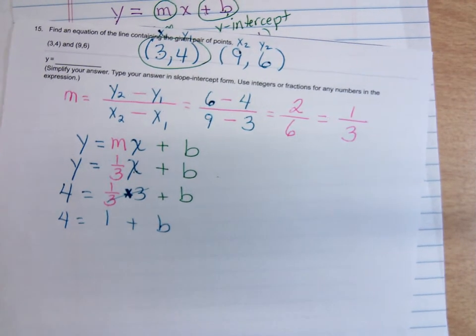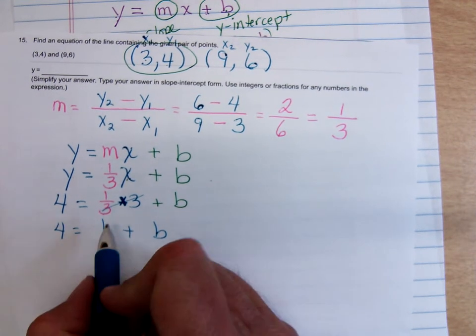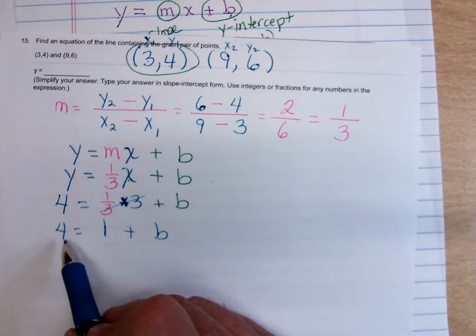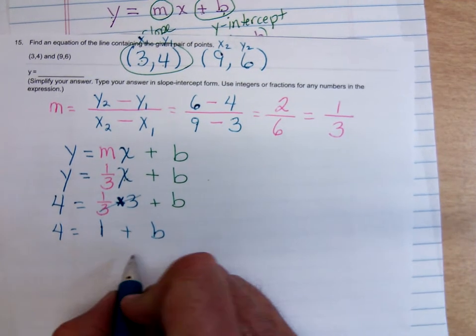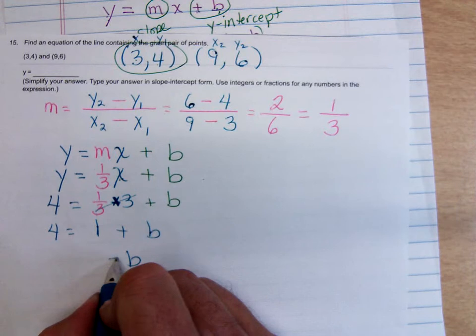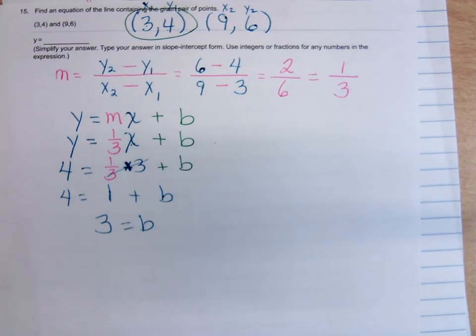And heck, I guess you don't even need algebra to solve that one. This is like the stuff you did in elementary school. 4 equals 1 plus box. What number goes in the box? 3. But then once you start doing algebra, you do all that subtracting 1. So b equals 3.